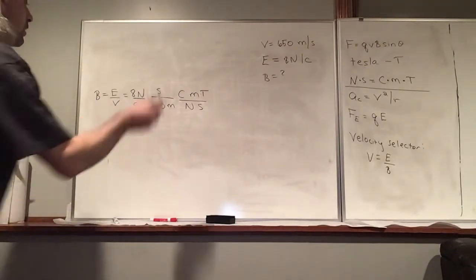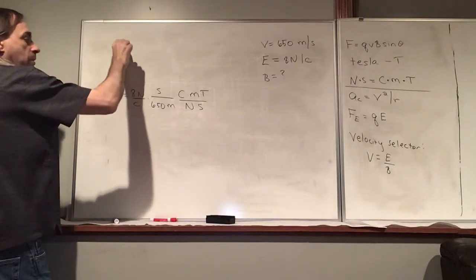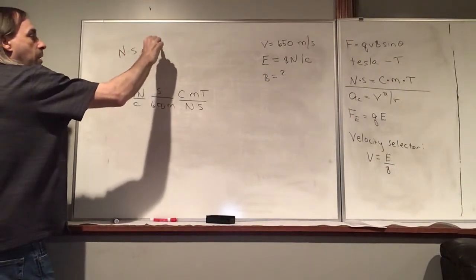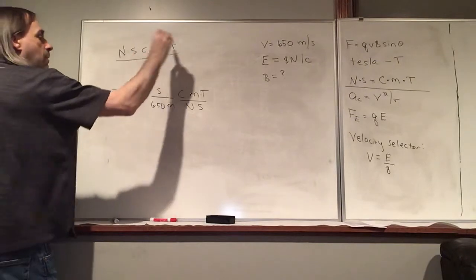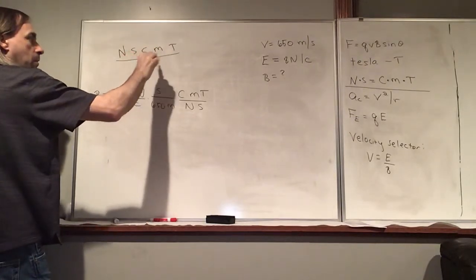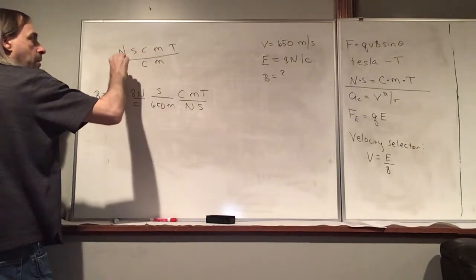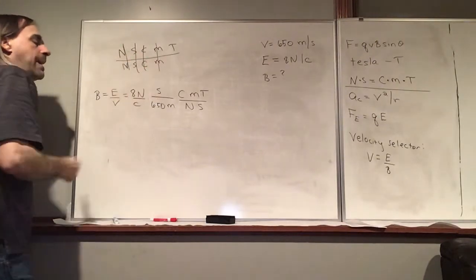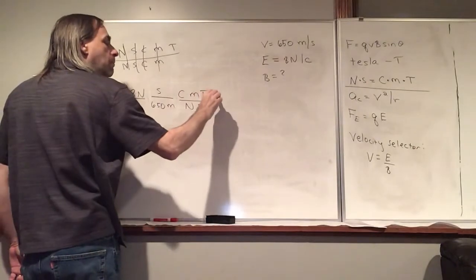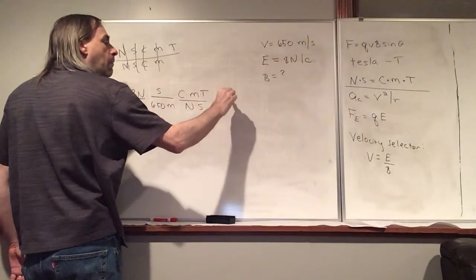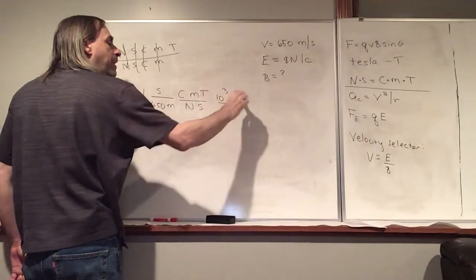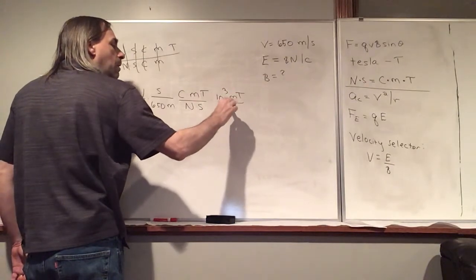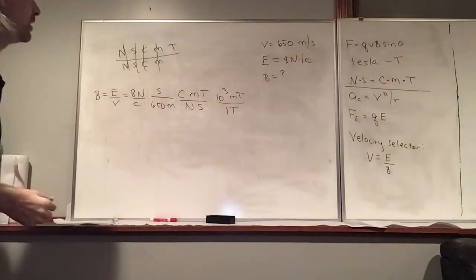Yeah, so let's look at the units. We have newtons times seconds over coulomb meters, and Tesla. So yeah, we will get something in Teslas. And again, it'll be kind of a small value. Let's convert to milliteslas.